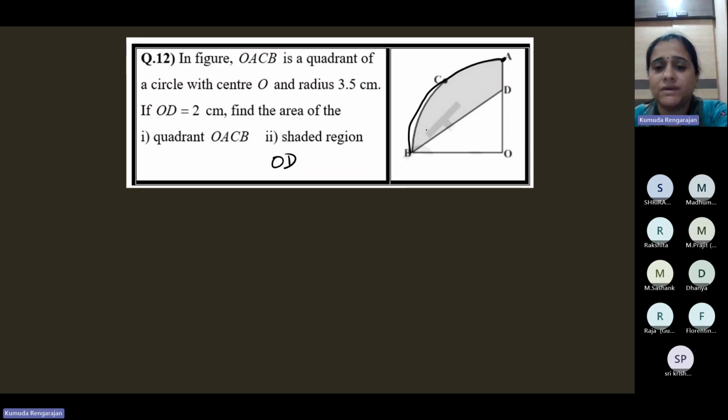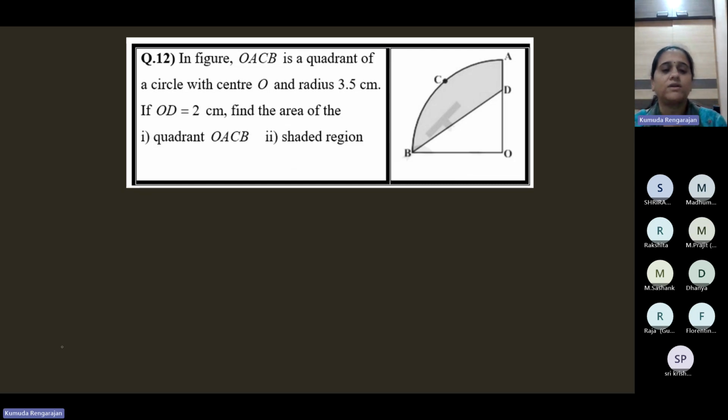So A and B are the points on the arc. This is the center. OB is the radius. OA is the radius. And the radius is 3.5. This one is also 3.5. And OD is 2. Find the area of the quadrant.